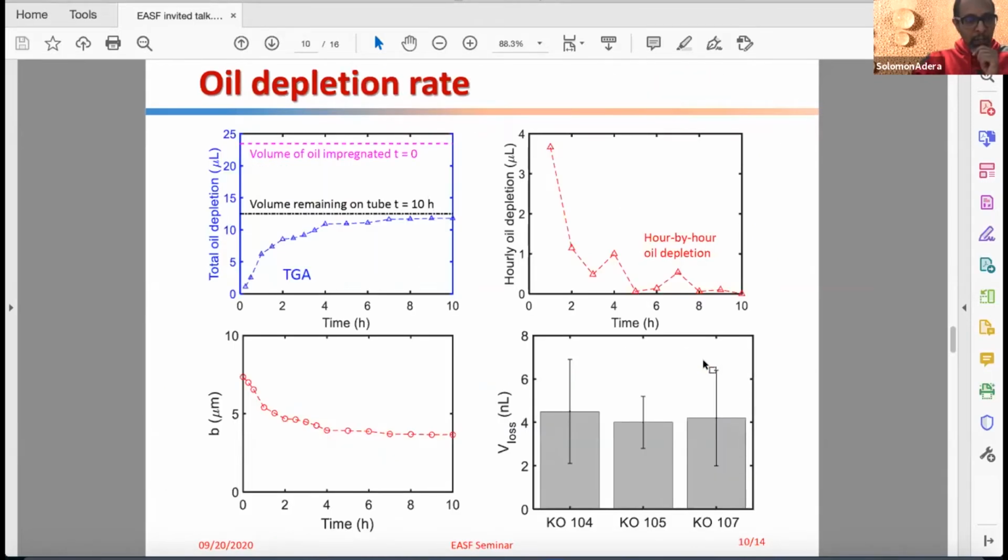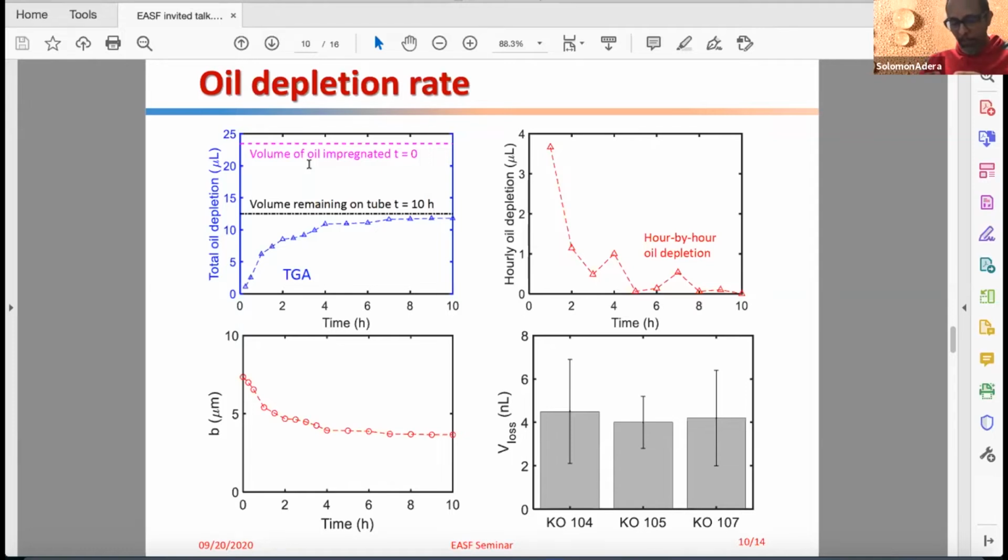And so in our experiment, we fabricated these copper tubes. We lubricate them with oil. As I said, I typically prepare them way earlier, 12 hours early. So at T equals 0, before I start the experiment, I measured the difference.